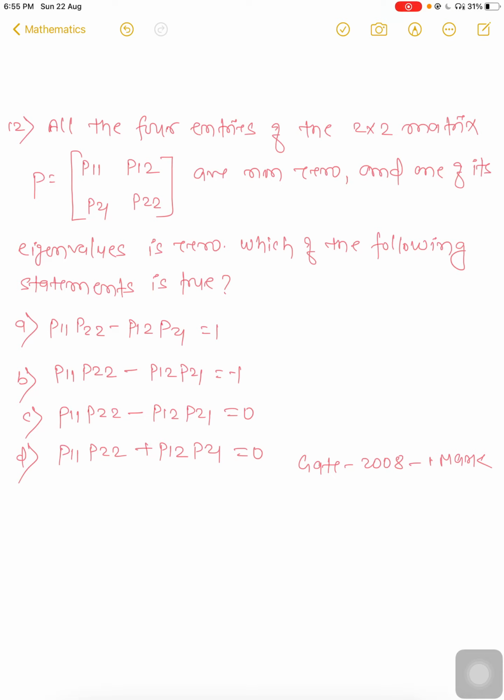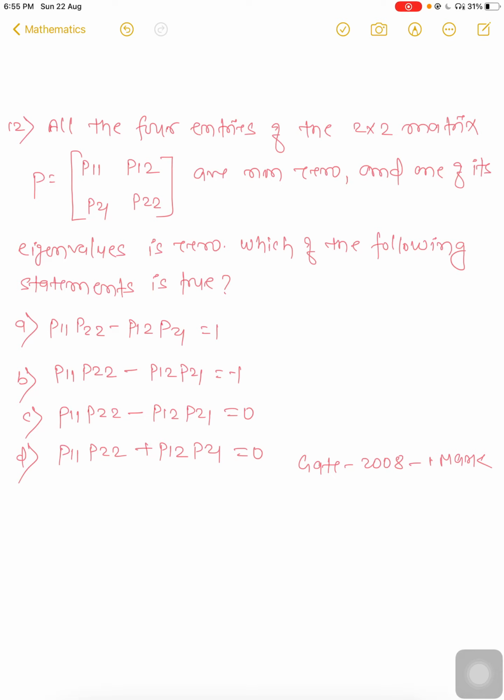Okay. Now comes to next question. All the four entries of the 2 by 2 matrix P11, P12, P21, P22 are non-zero, and one of its eigenvalue is 0. Which of the following statement is true? Let's see. One of the eigenvalues is 0.